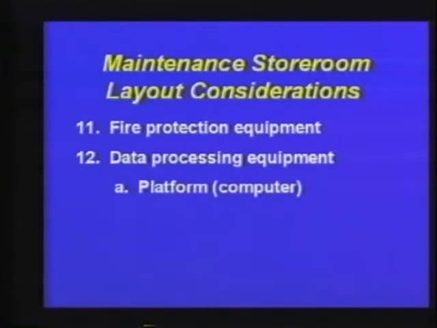And here we have A, which is a platform or a computer, the terminals that may be required and their location, and also any printers that are required. In printers, we have printers that are dedicated to, let's say, printing out maintenance work orders.